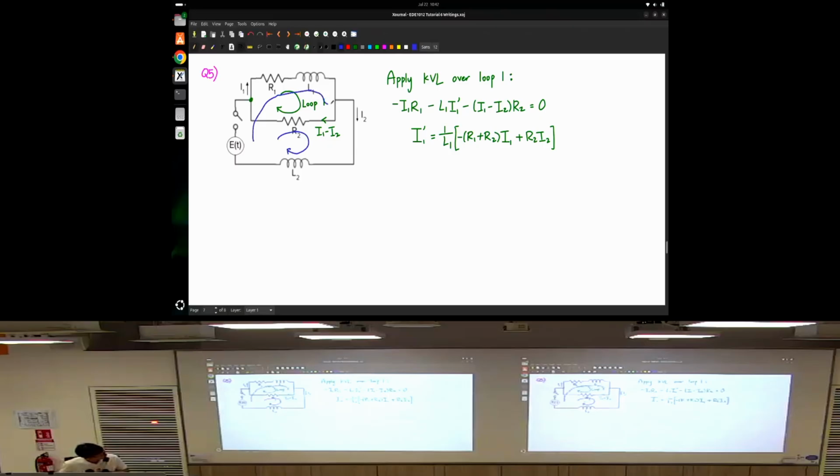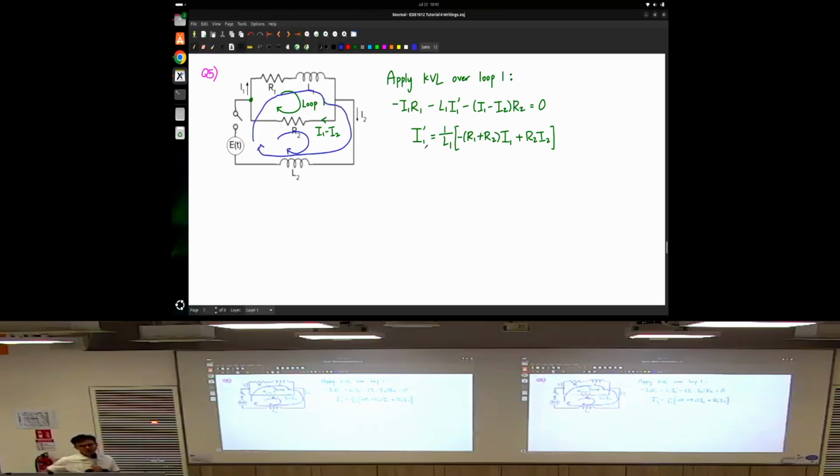But there is another loop, this bigger loop. You can go past R1, L1, then after that go past L2 here. But you see, the prime terms appear at the inductors L1 and L2. So you wouldn't want to have I1 prime and I2 prime in one ODE.